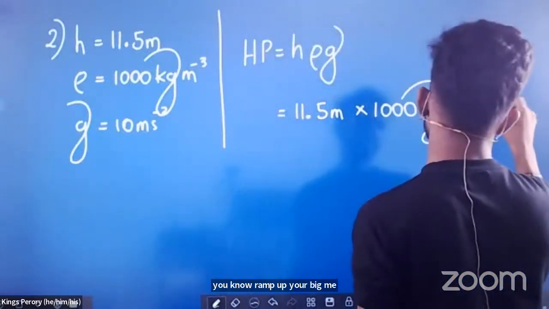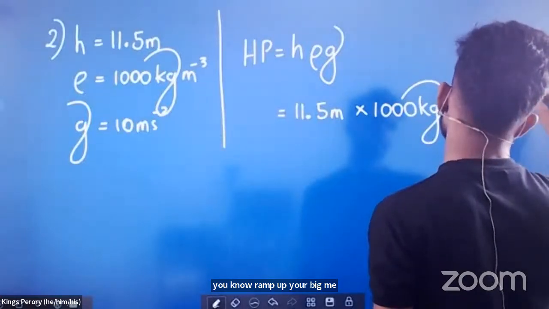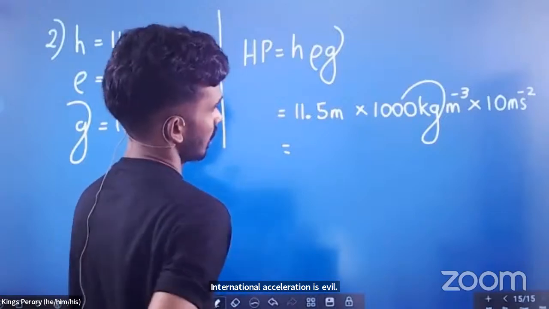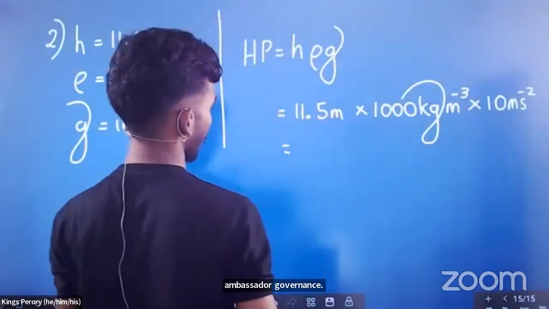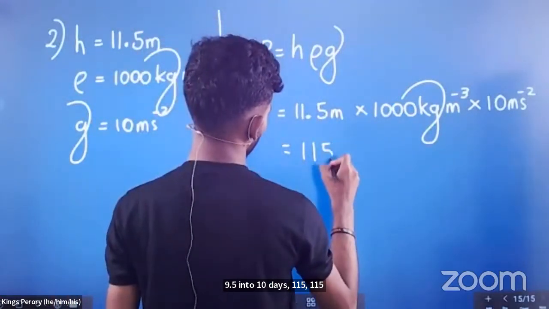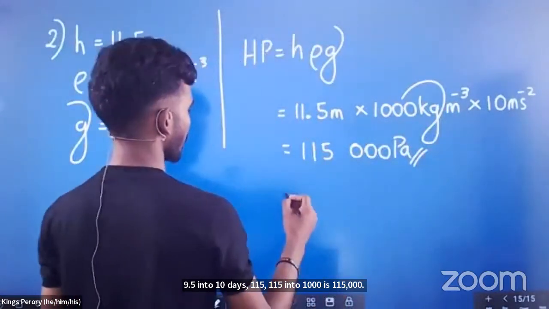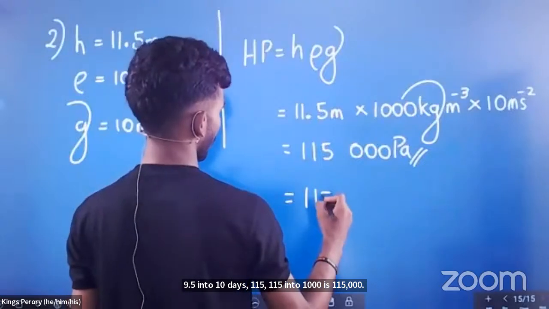Gravitational acceleration is given 10 m s to the power minus 2. Do the math. 11.5 into 10 is 115. 115 into 1000 is 115,000 pascal. Big numbers, maybe you can keep it in kilopascal: 115 kilopascal.